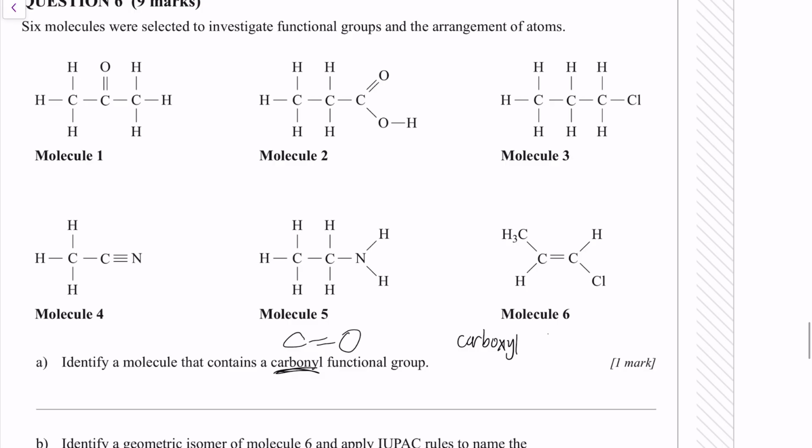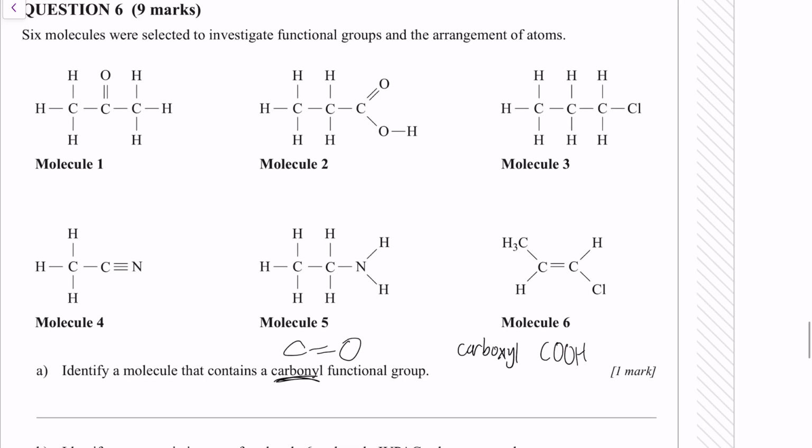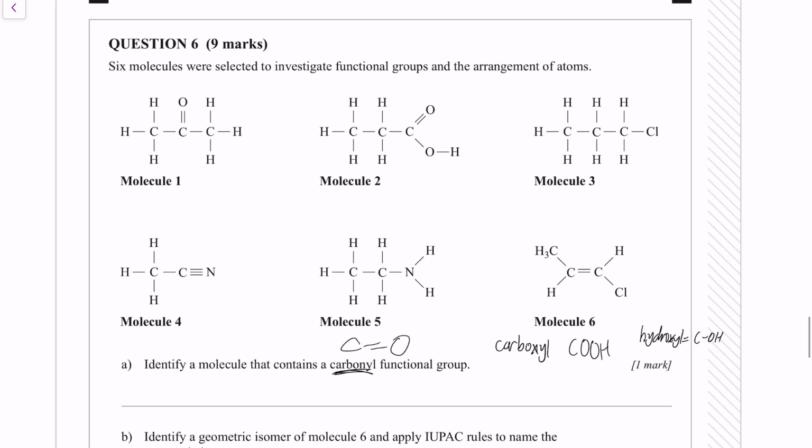Carboxyl is the C double bond to O and then OH group. And then the other one we learned was hydroxyl, and that's just a single bond to OH.